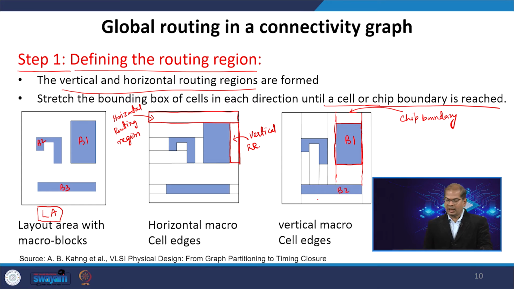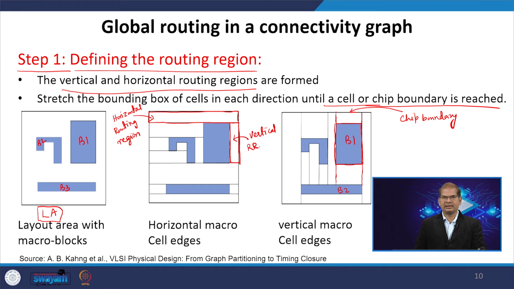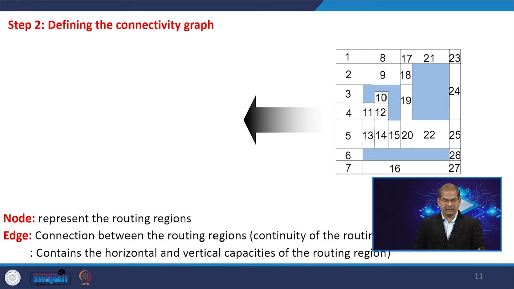So we are indirectly creating channels here. Now we have created the routing regions, and we now define the connectivity graph. The next step is defining the connectivity graph.